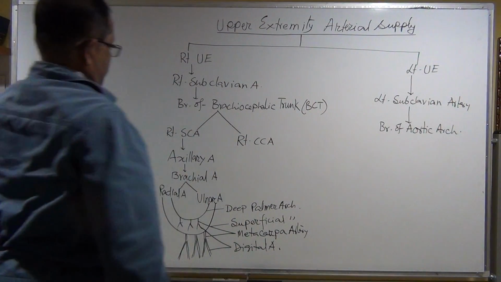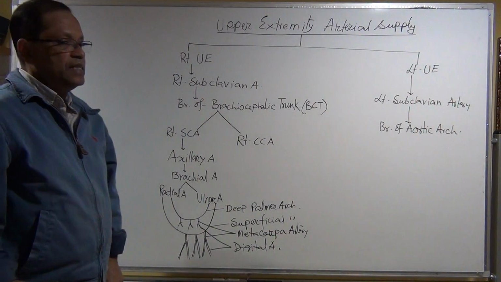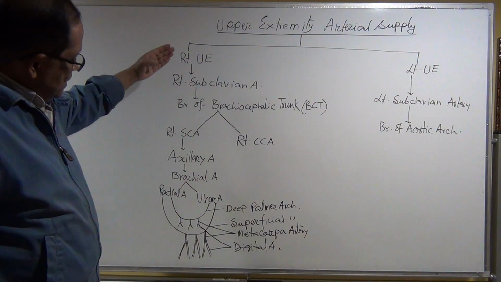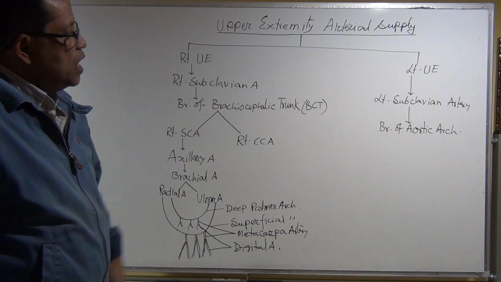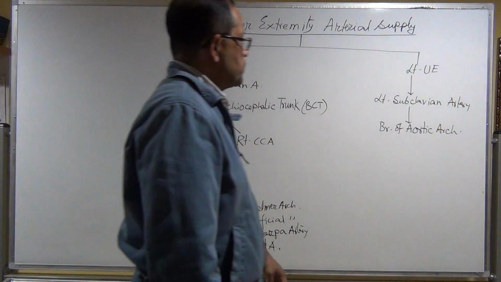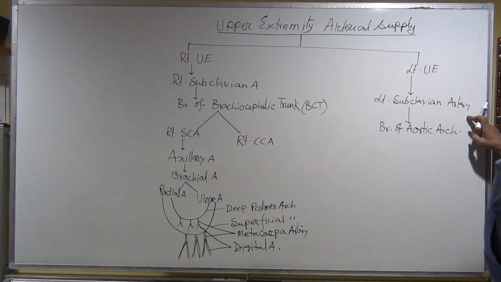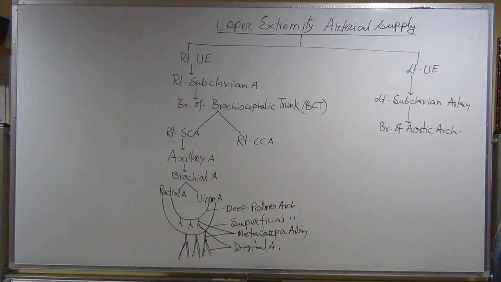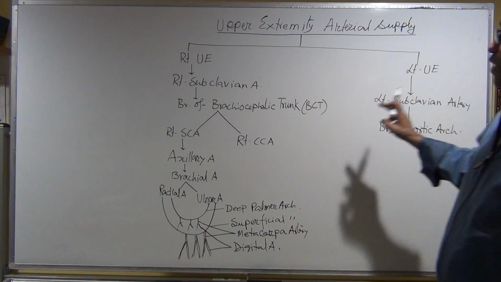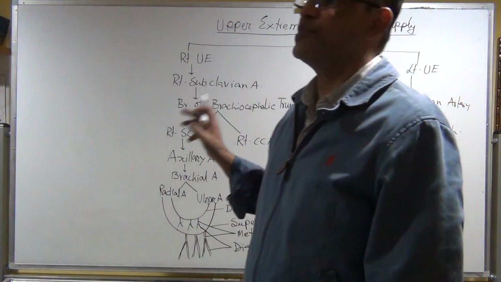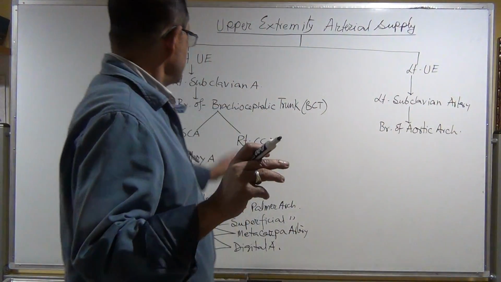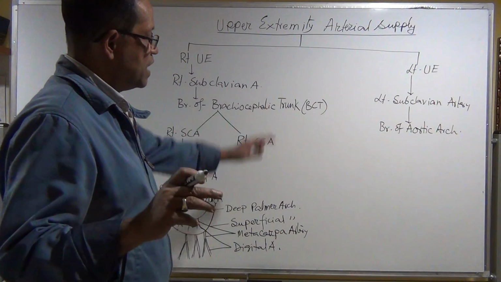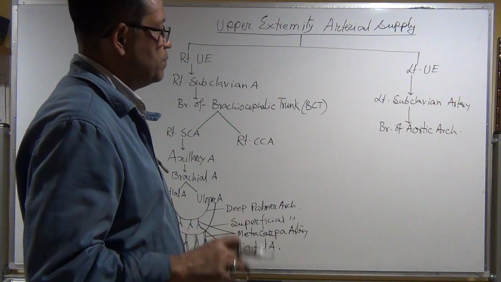So this is the arterial supply on the right side. On the left side, the left subclavian artery is a direct branch of the aortic arch. There is no brachiocephalic trunk on the left side. The brachiocephalic trunk we also call the brachiocephalic artery, but trunk is a good name.